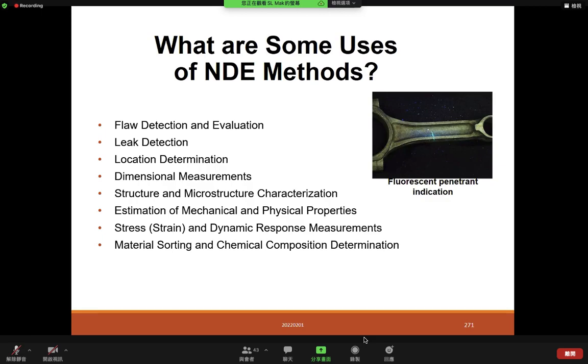As mentioned, for example, we check the thicknesses of the steel plates, and structure and microstructure characterization, estimation of mechanical and physical properties, strength and dynamic response measurement, or material sorting, chemical composition determination. For example, for chemical testing, we may use X-ray to check the heavy metal content.